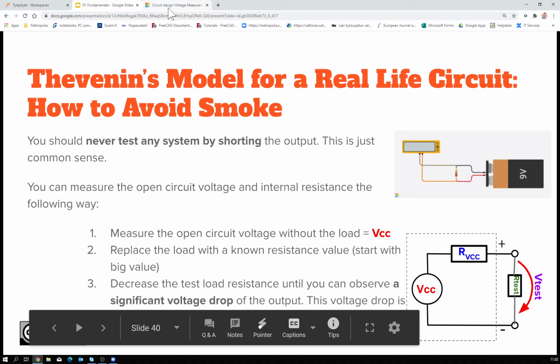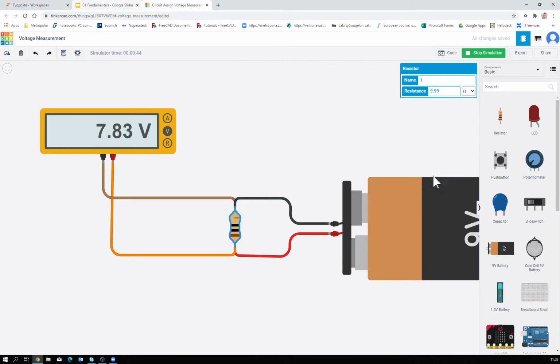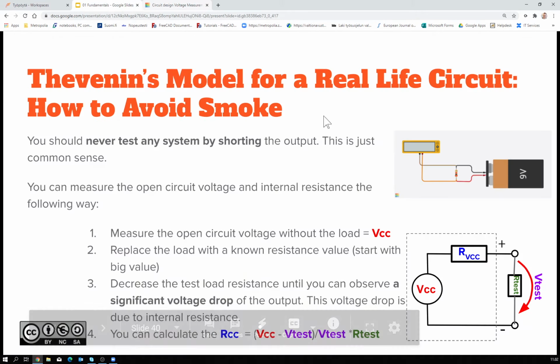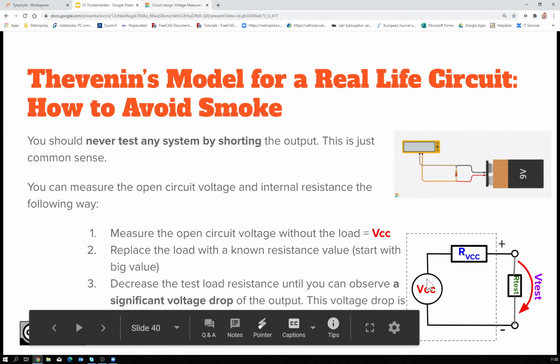We still have the same open circuit voltage, so practically with 9.99 gigaohms, this is the open circuit voltage. We have 9 volts inside, so the battery voltage does not change.